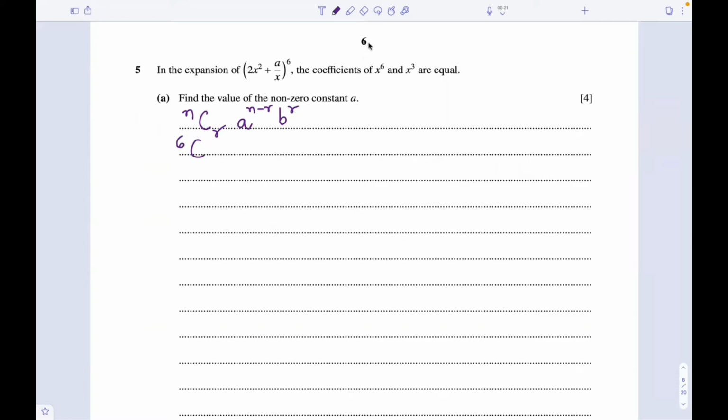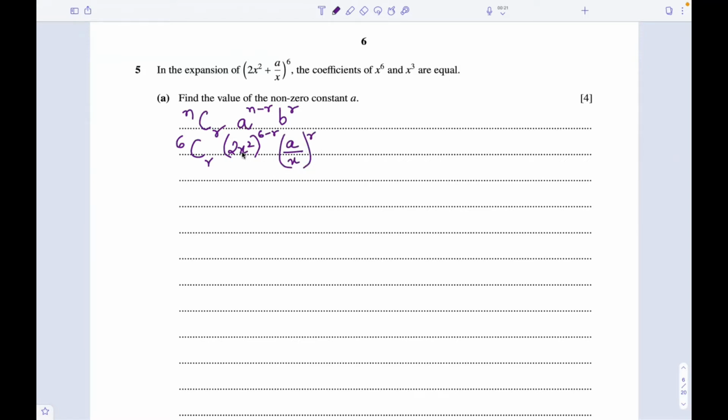Now to get the coefficient of x^6, we don't know what the value of r is, so we can just write r as it is. A is 2x squared, so 2x squared will come over here. N is 6, so we write 6 minus r, and b is a upon x to the power r.